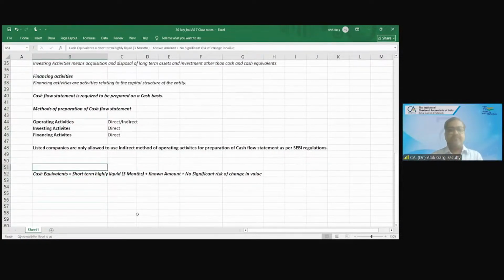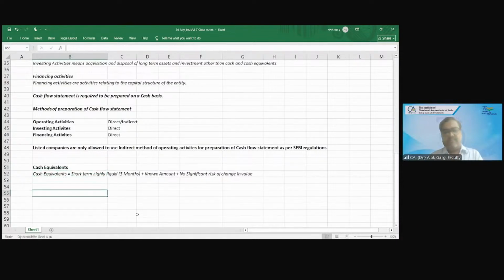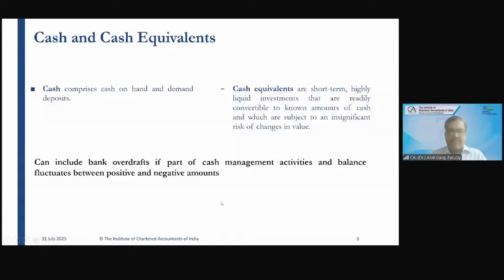Friends, for example, ABC Limited, a company, has invested in the equity shares of Infosys Limited. They have invested 1 lakh rupees for purchasing the shares of Infosys Limited. Tell me whether this investment is short-term and highly liquid or not.